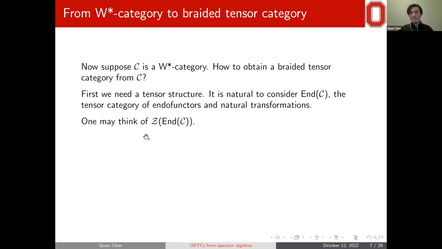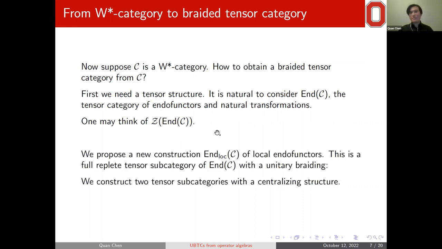Well, we may think of the Drinfeld center, right? It's a natural construction, but we propose a new construction called the local endofunctors. This category is actually a full replete tensor subcategory of End(C) with a unitary braiding, and the way we construct it is using the centralizing structure we just described.